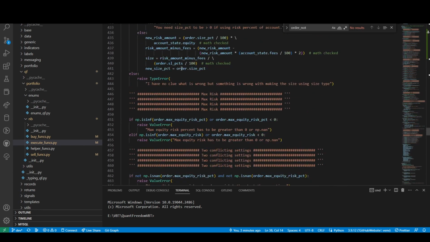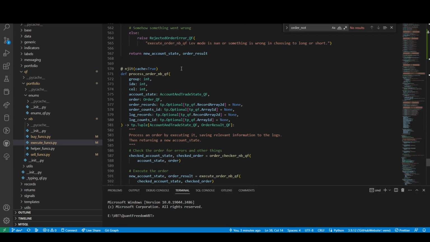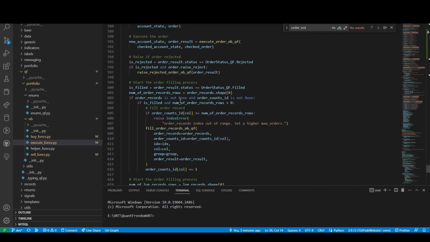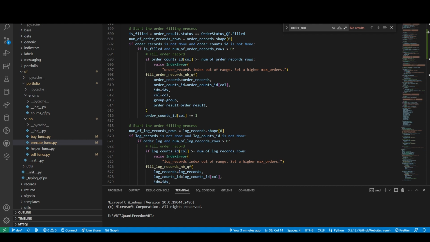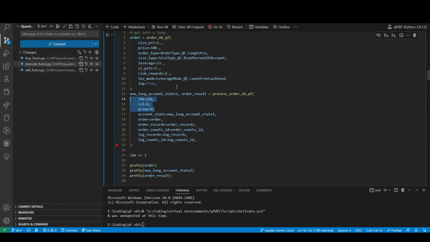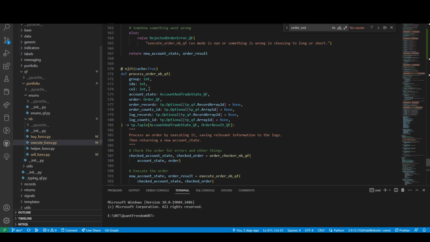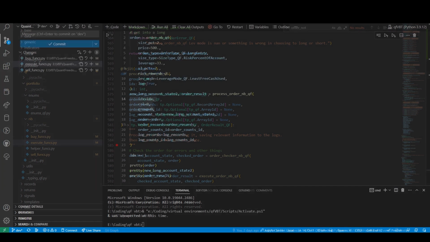When we go down here to execute, group? Oh, and I have to send it order records too. Oh boy. So I'm realizing here, yeah, we have to send it group, and we have to send it the order records as well. But anyways, let's just try.